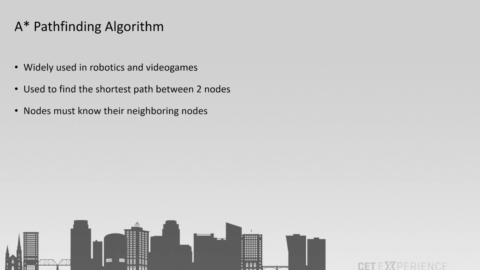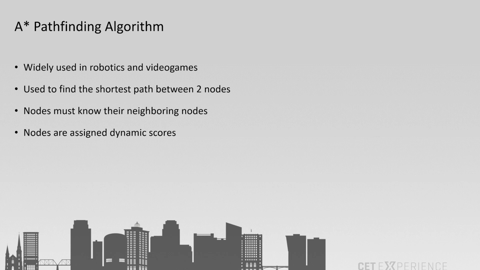So in order for nodes to path between each other, nodes must know about their neighboring nodes. So if I am node A and I don't have any neighbors, I will never be able to find my way to node B or C or D. Nodes have to know about their neighbors, and this is foundational to the pathfinding logic.